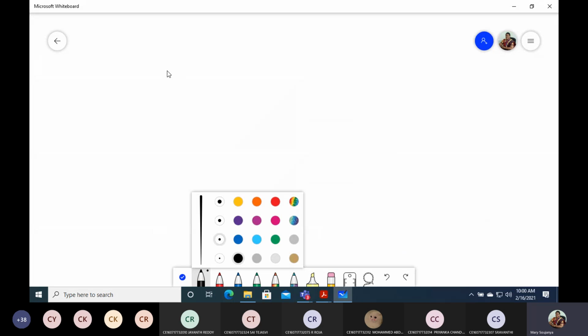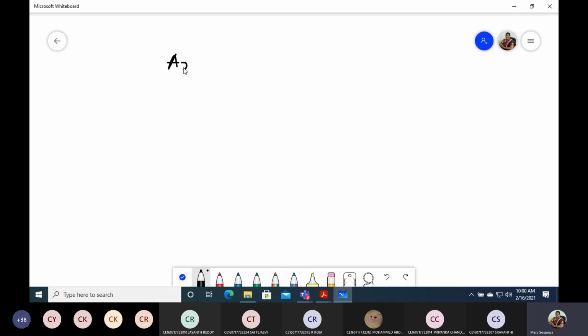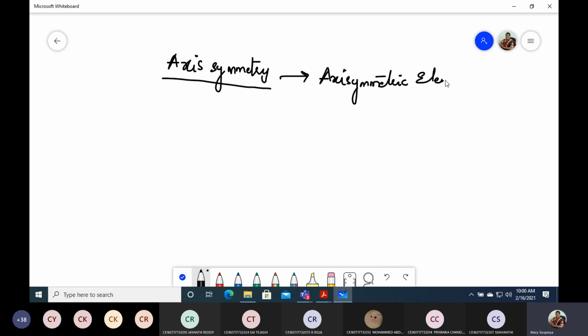See, there are two terms assembled here. One is axis and the other one is symmetry. Combined together, we are calling them axisymmetric elements or problems.